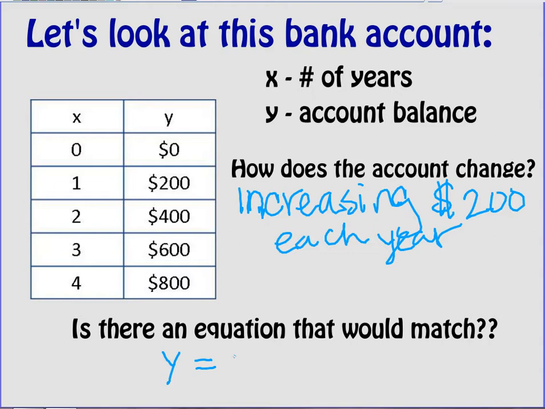Hopefully you've discovered that I'm taking the year and multiplying it by 200 to get the amount of money in my account. We're going to create an equation there that says to get my Y value, I'm going to take 200 times my X value.